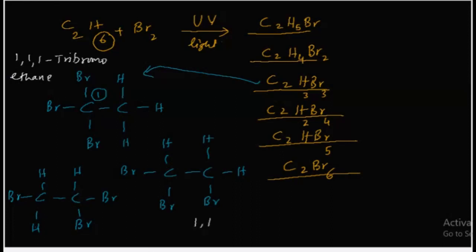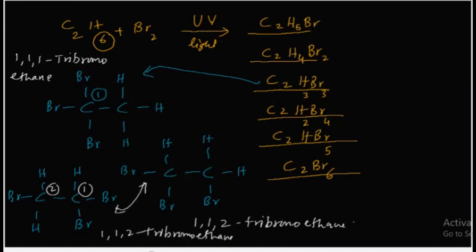What about this? This is 1,1,2-tribromoethane. Okay, what about this? You can start numbering from this side because there are 2 bromine. So this is also 1,1,2-tribromoethane.